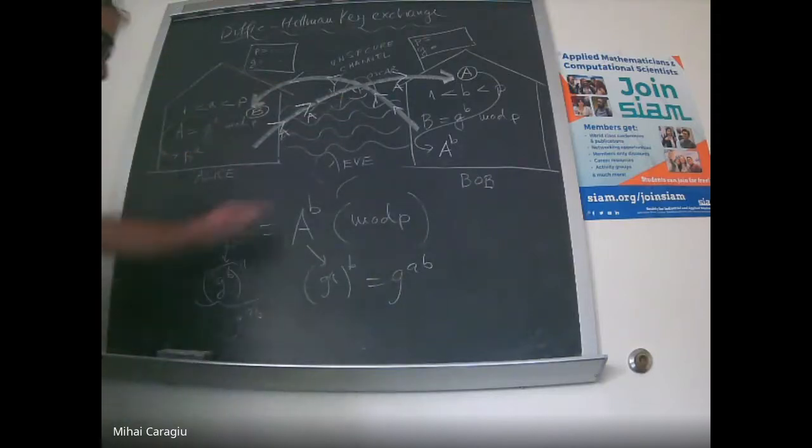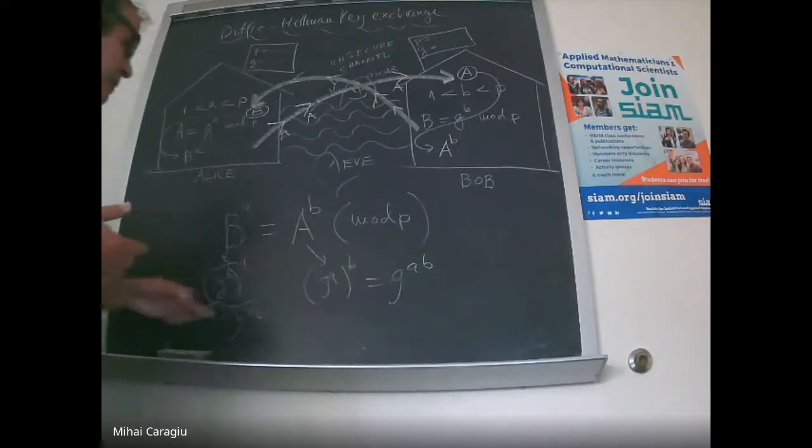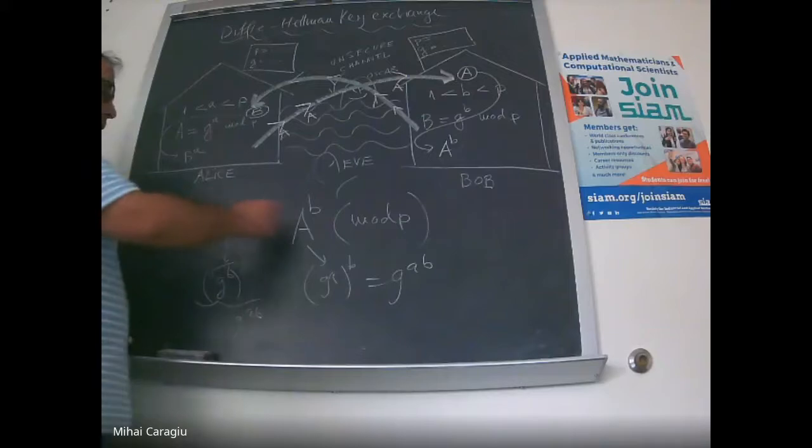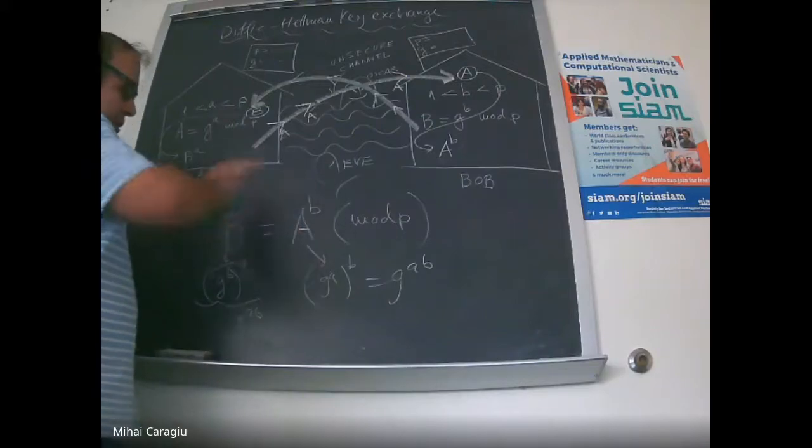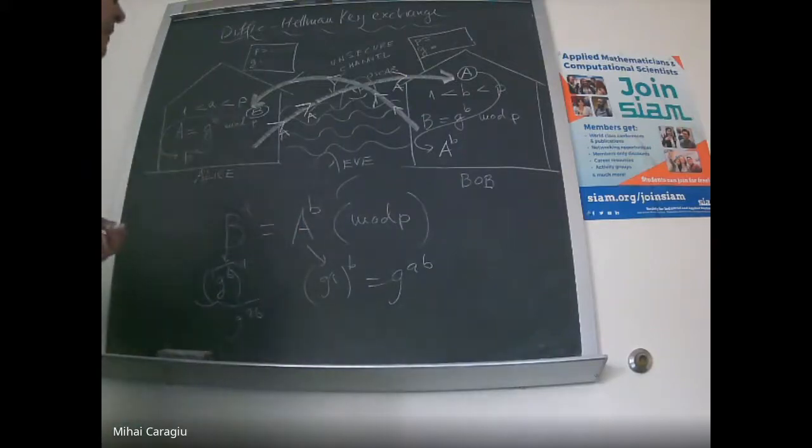Those numbers are equal according to this theoretical explanation. So at this moment, Alice and Bob are in possession of a key, which is g to the power ab, which is capital B to the power small a, or capital A to the power small b, either one of them, that the eavesdroppers are not aware of. So that's the idea of Diffie Hellman key exchange.